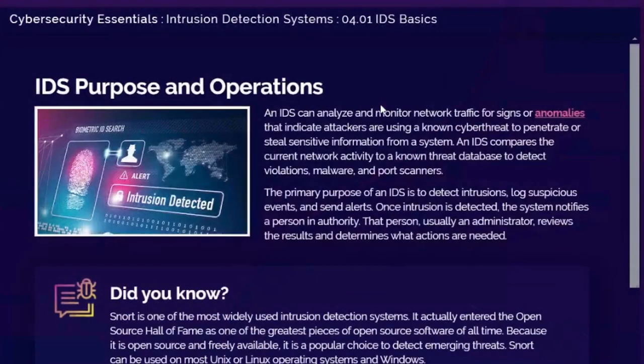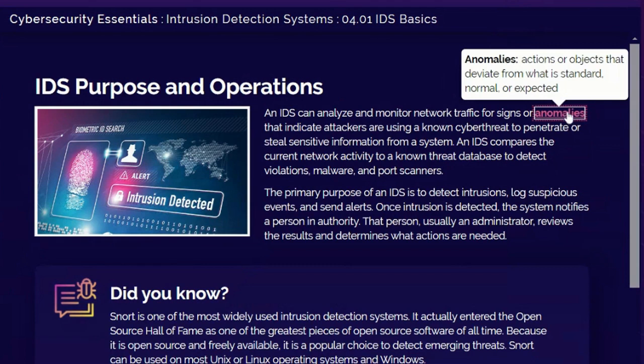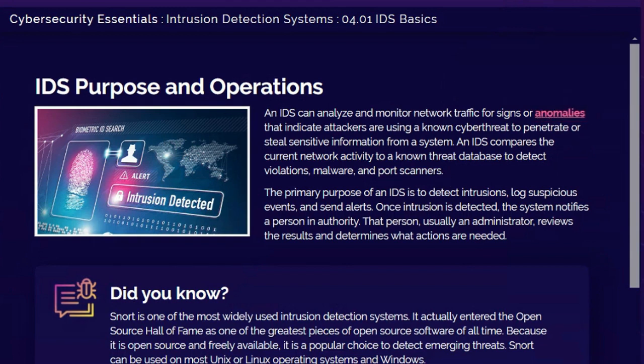So there we go. Page 2. Okay, an IDS can analyze and monitor network traffic for signs of anomalies. Let's see how they define anomalies. Actions or objects that deviate from what is standard, normal, or expected, that indicate attackers are using a known cyber threat to penetrate or steal sensitive information from a system.